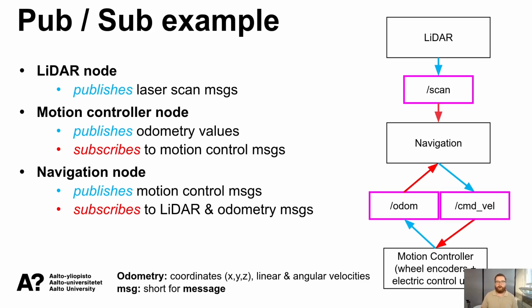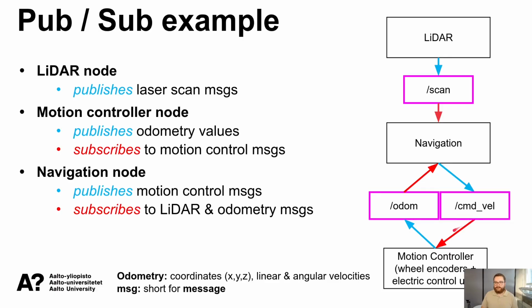So how our automated car or mobile robot should be moving in the environment. And then the navigation node is publishing motion control messages to a /cmd_vel (command velocity) topic, which is commonly used for delivering these velocity commands.